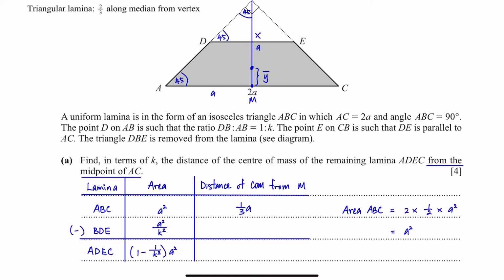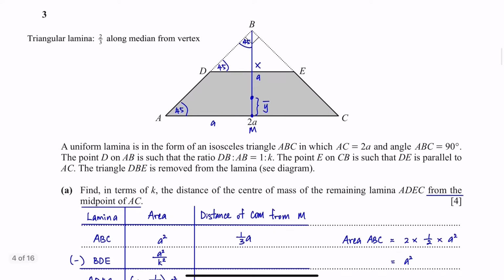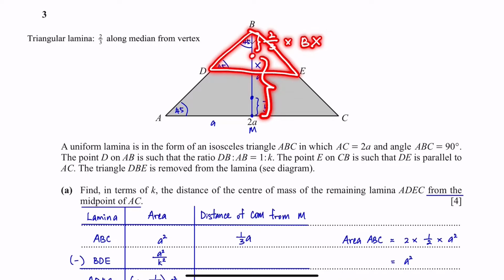As for BDE, let's assume that this is the COM. So this would be 2/3 times BX. So this would be A minus 2/3 times BX.